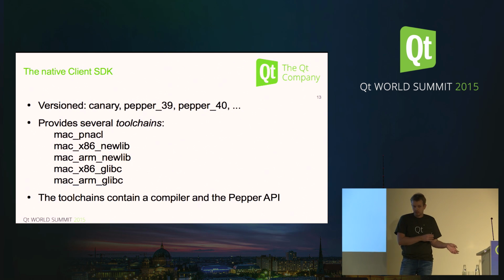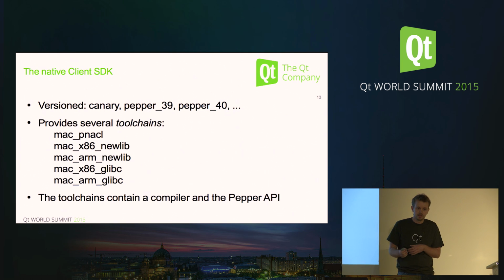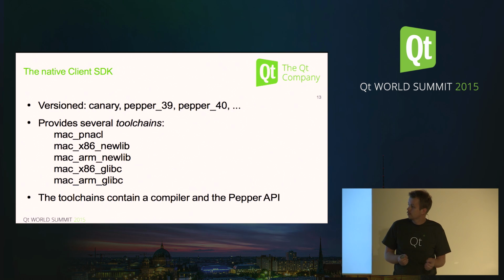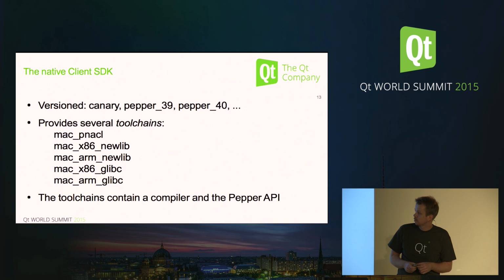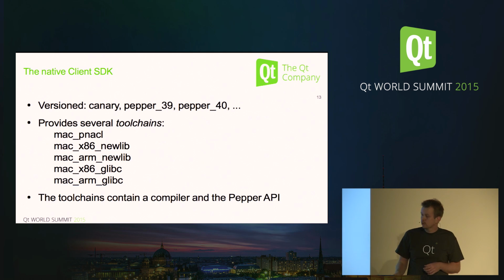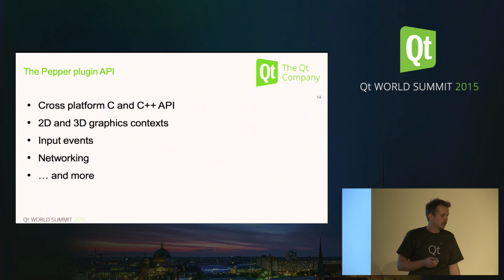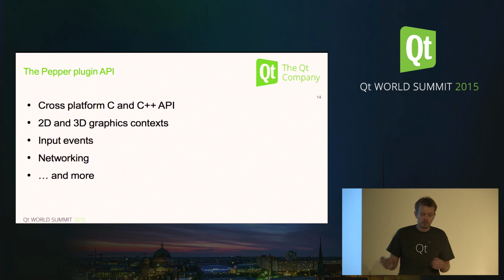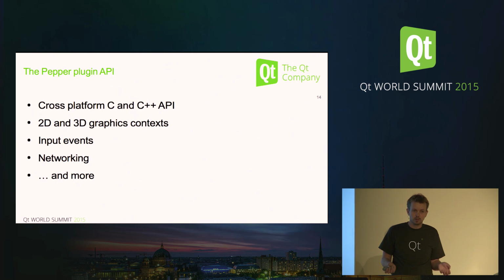The binaries that the SDK produces are not tied to any specific operating system. So we have a compiler, and there's also an API you can use, the Pepper API or PP API. That API is a cross-platform C and C++ API, which provides us with graphics context, input events, keyboard and mouse events, some networking support, and so on.